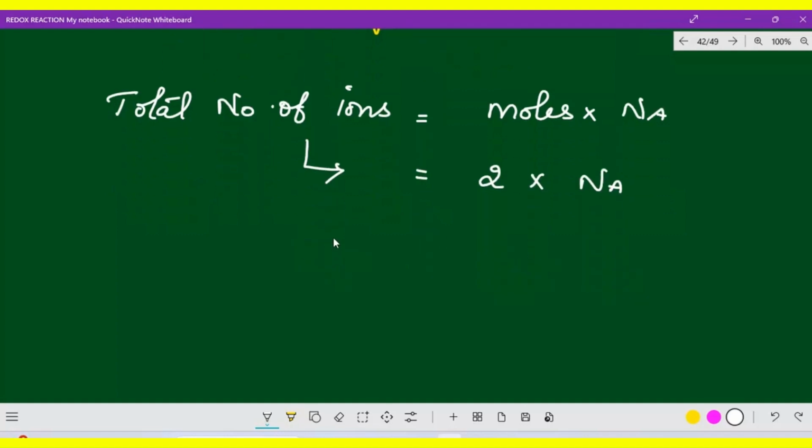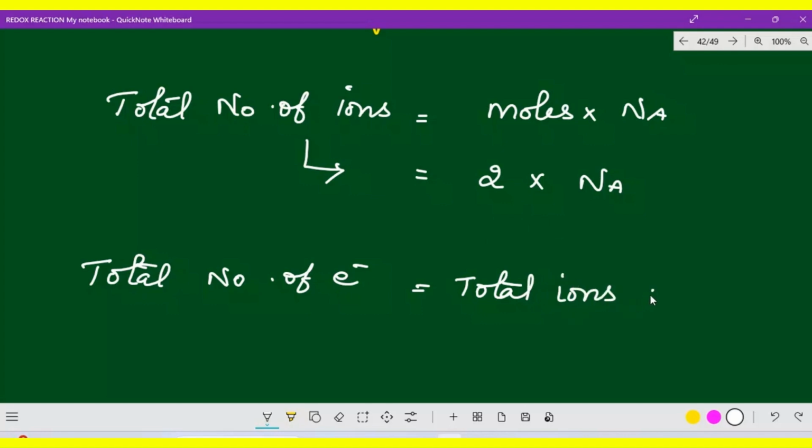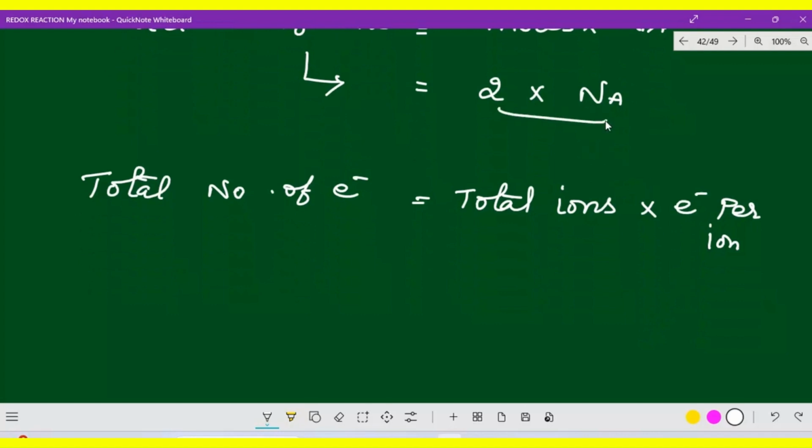Now the total number of electrons we have to identify. Total number of electrons is total number of ions into number of electrons per ion, Mg2+.